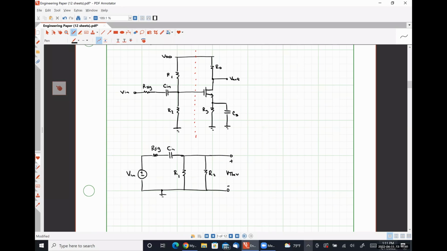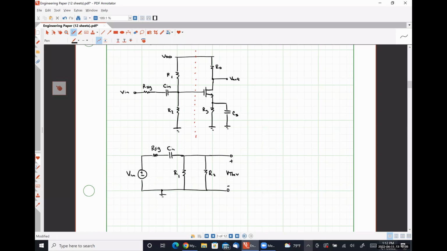Let's start actually first by asking, does this representation look like everything to the left of the dashed red line? Let's start there, because if it doesn't, we are fundamentally in a little bit of trouble, because we're trying to replace everything to the left of the dashed red line with a Thevenin equivalent circuit, excuse me.